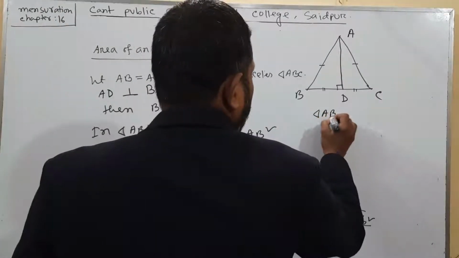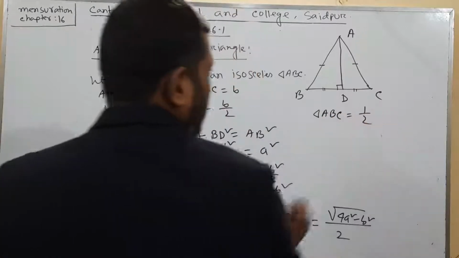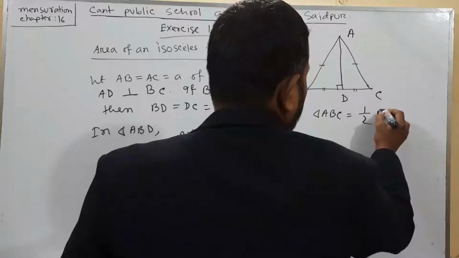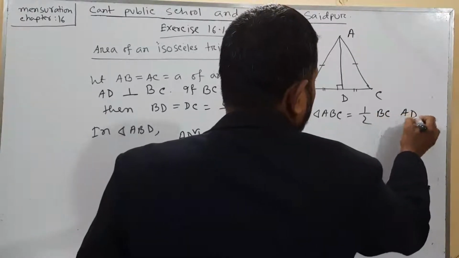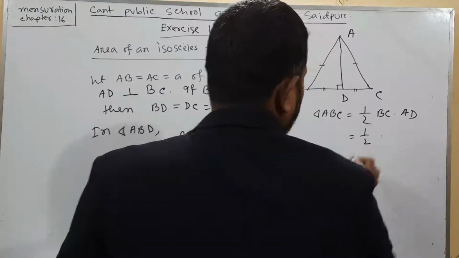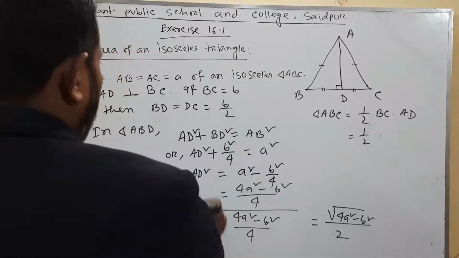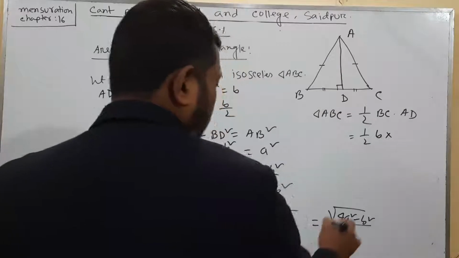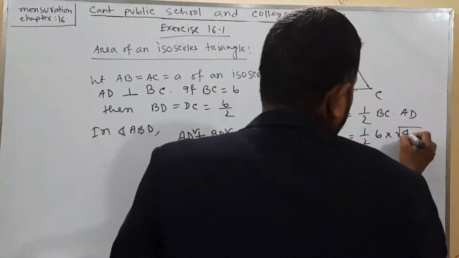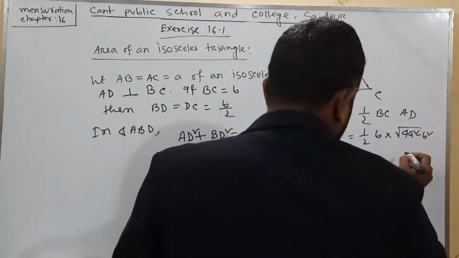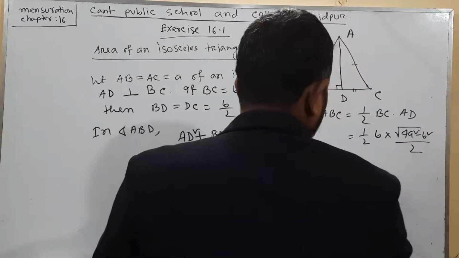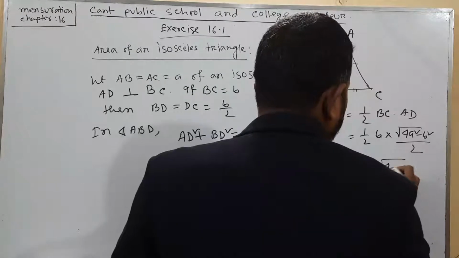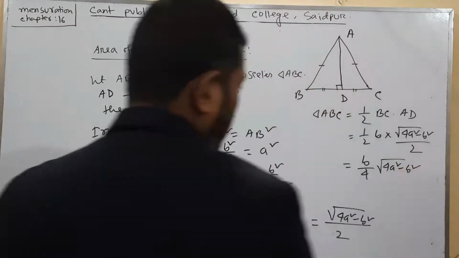The area of triangle ABC, since AD is perpendicular to BC, is half into base into height. Half, here base BC is b, and AD is square root of 4a square minus b square by 2, that is b by 4 square root of 4a square minus b square.